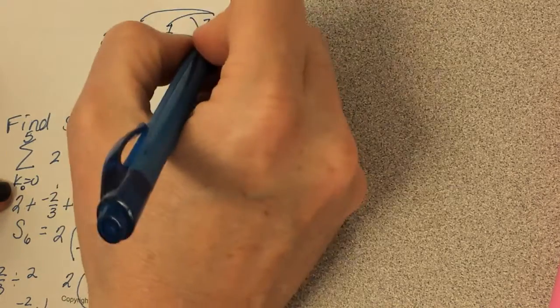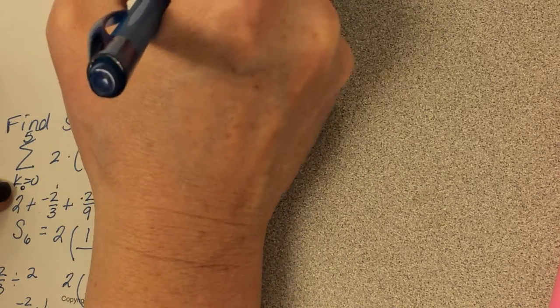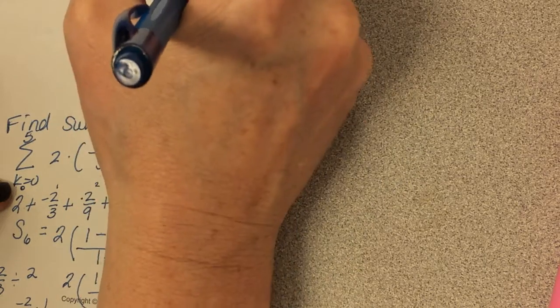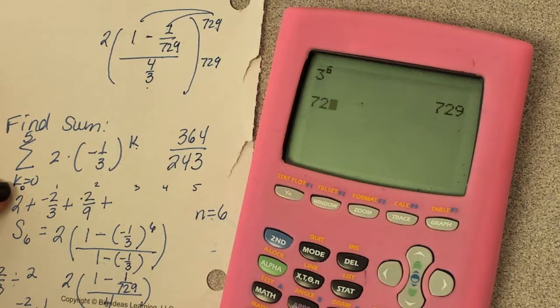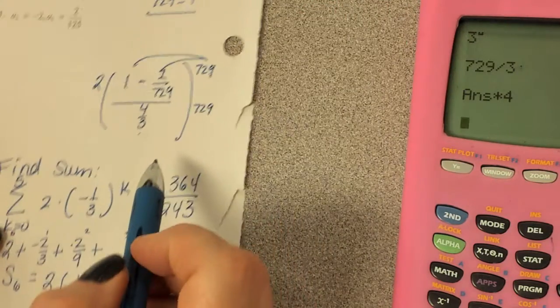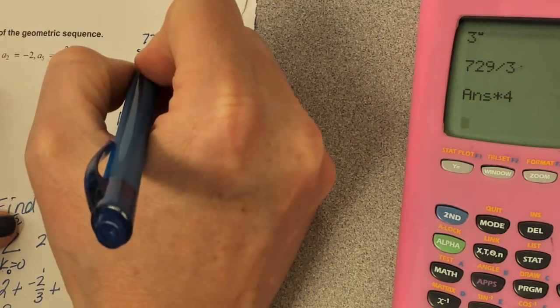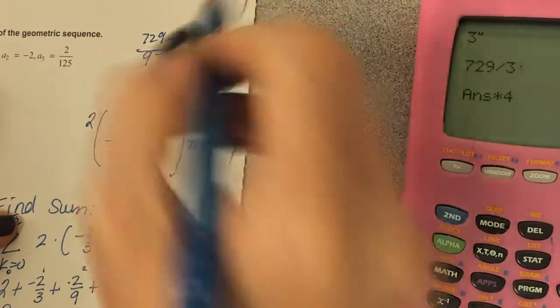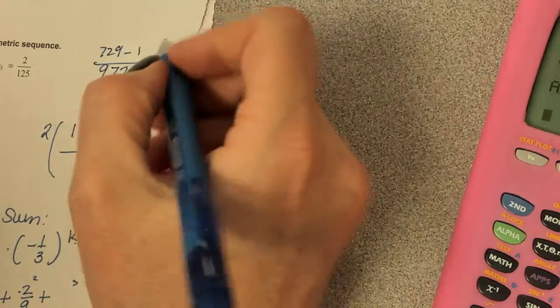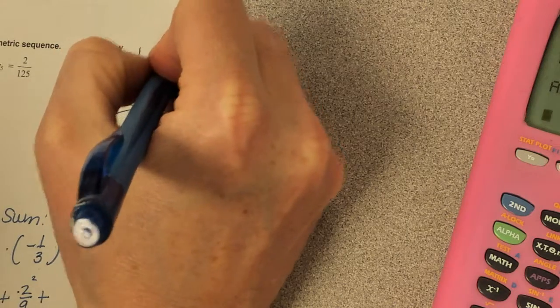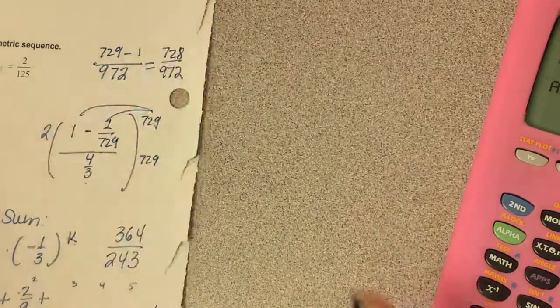Multiplying this out, 1 times that is 729 minus 1, and 729 divided by 3 times 4 is 972. So I get 972 on the bottom. I know this is difficult, but we're going to subtract these and we get 728 over 972.